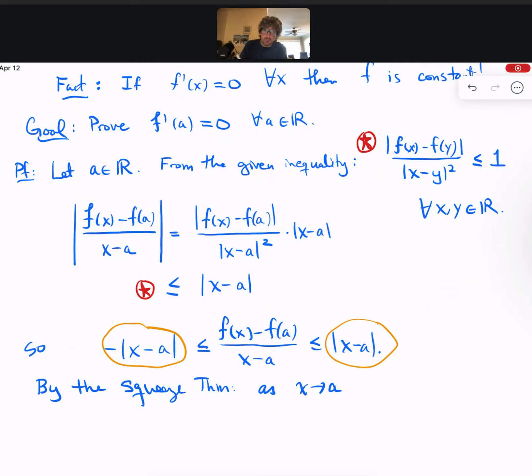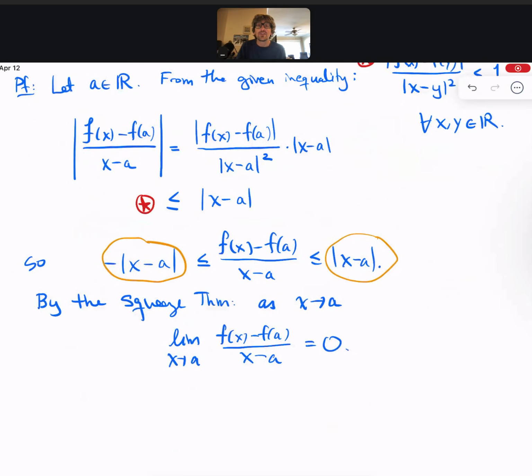So the squeeze theorem says if you're squeezed between two things that are both going to 0 as we take a limit, then our limit in the middle also has to be 0. And that, finally, is the definition of the derivative. So we can conclude that our function indeed has a derivative at a, and that derivative is equal to 0.